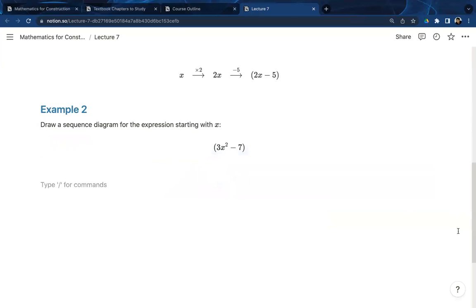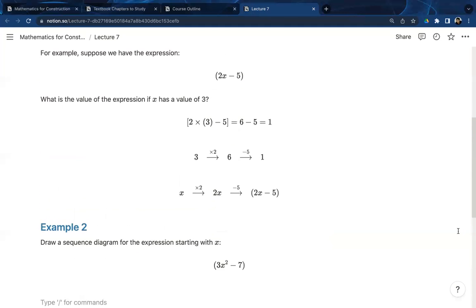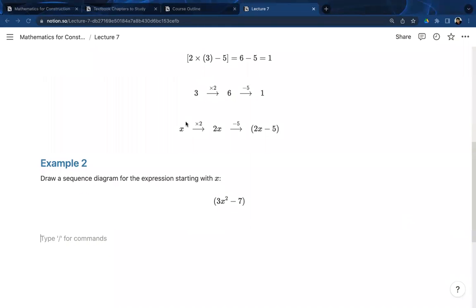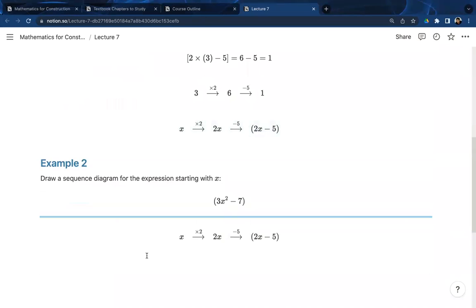So what is the sequence diagram for this expression here? 3x squared minus 7, okay? Look at how I did it here. Start with x and draw a sequence diagram to arrive at the final expression. Okay, so let me duplicate this here.